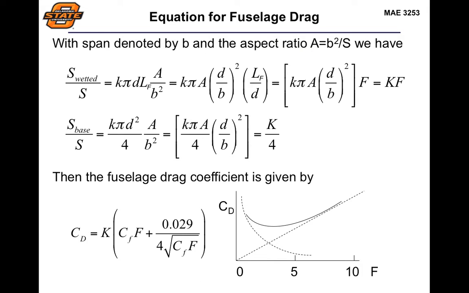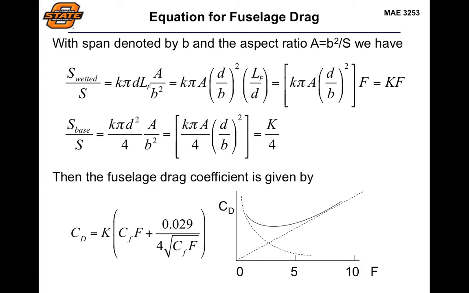Now what we can do then is start to break this out, and if you look at the wetted area value for that entire fuselage, we can put that into the components of the length of the fuselage, cross-sectional area, the aspect ratio of the wingspan, and come up with an equation for that.